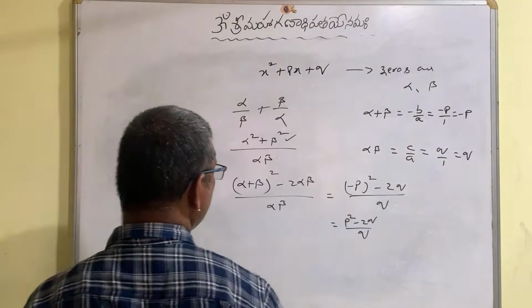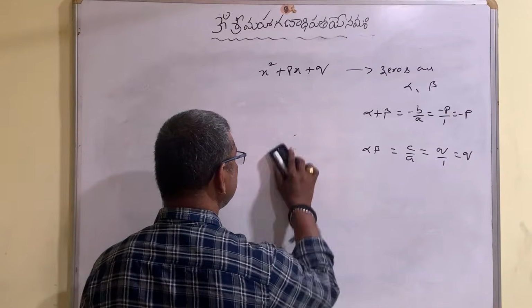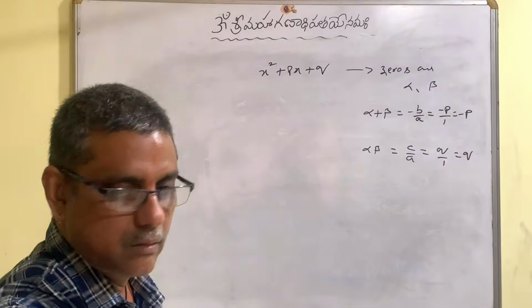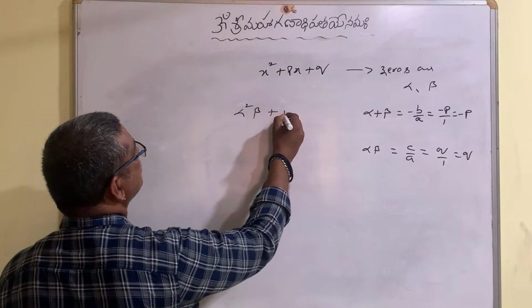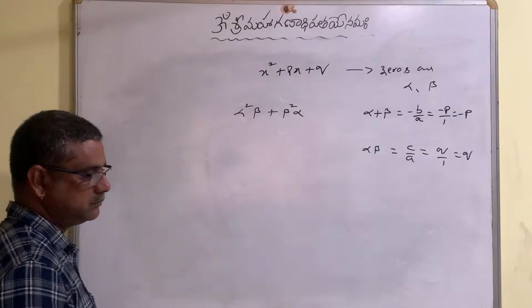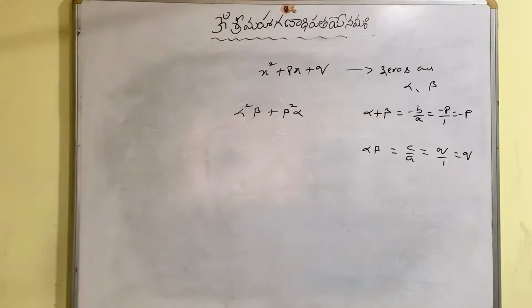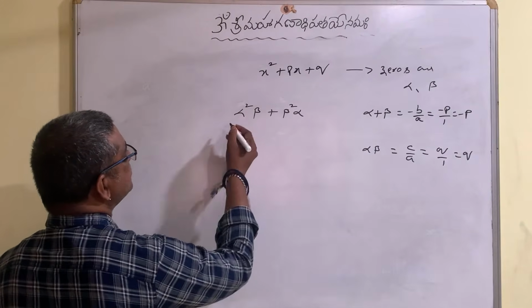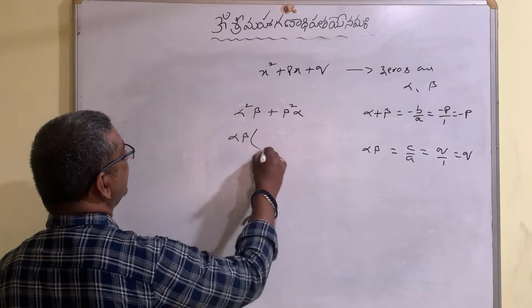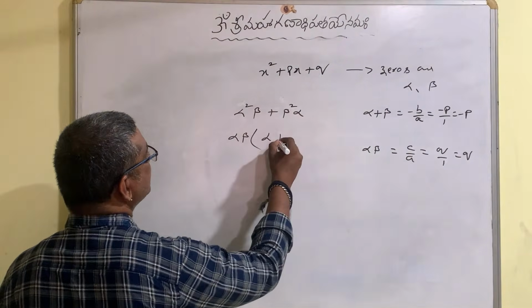Now we'll see one more problem. Find the value of alpha square beta plus beta square alpha. From this we can take alpha beta common. Remaining is alpha plus beta.